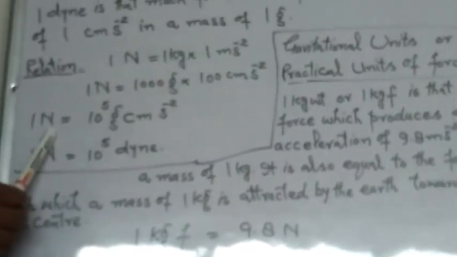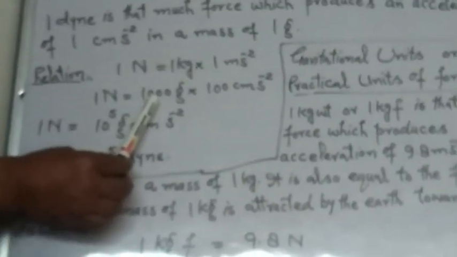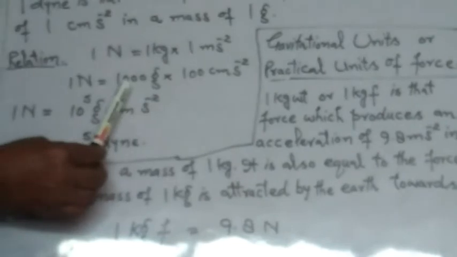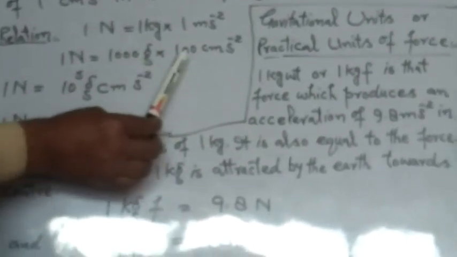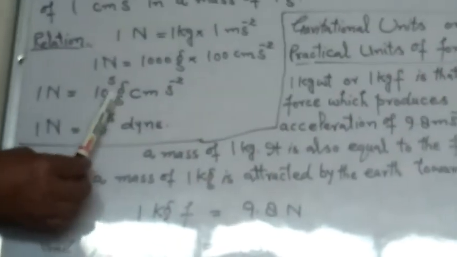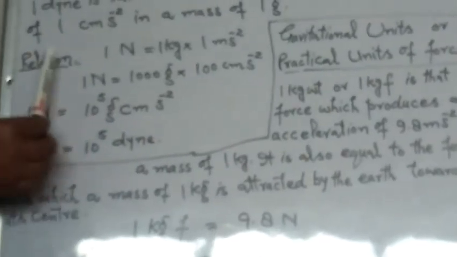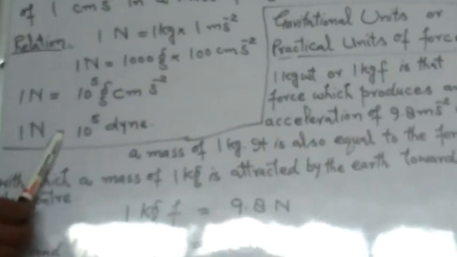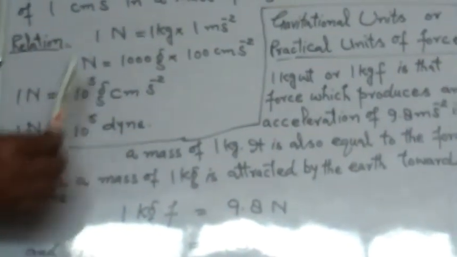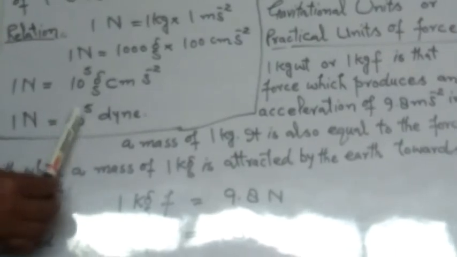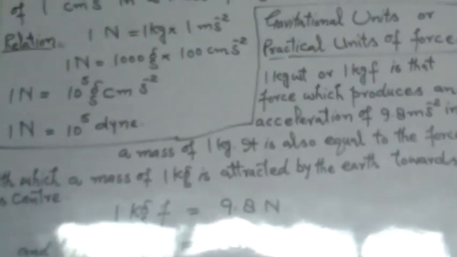So 1 Newton will be equal to 1000 into 100, which becomes 10 raised to power 5 gram centimeter per second square. That is dyne. 1 Newton is 10 raised to power 5 dyne.